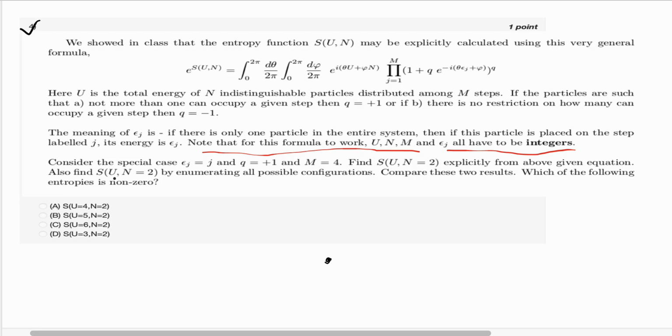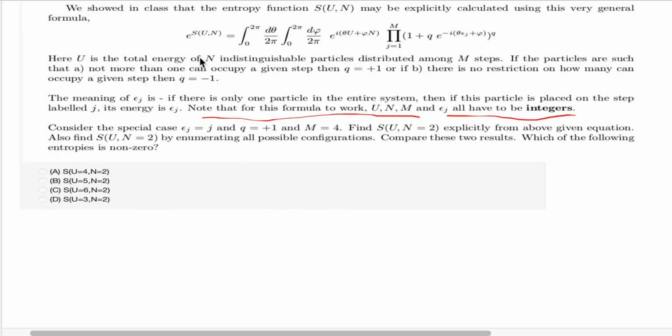Also find S(N, U) for N equal to 2 by enumerating all possible configurations. Compare these two results. It is asked that first, from this expression, we have to calculate the entropy value.